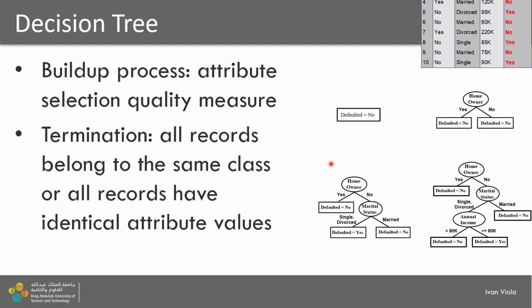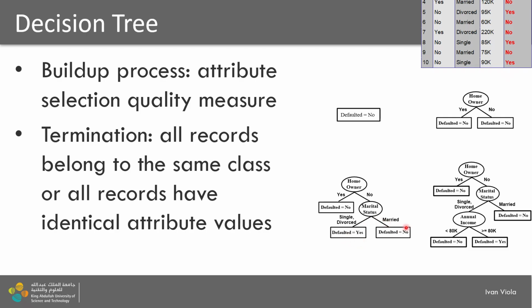In the next step, we can see that we have added one more of our attributes, the marital status. And the marital status is actually having three different values which are possible. And we have decided here that we will go for a binary decision. If somebody is not a homeowner and is single or divorced, then we are categorizing that person as a person who cannot repay the loan.